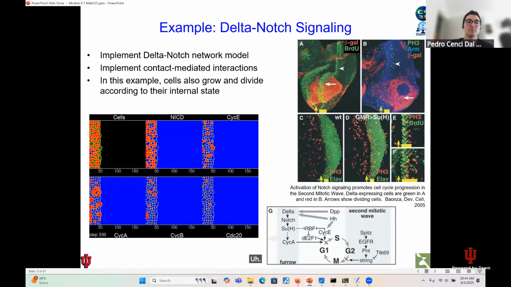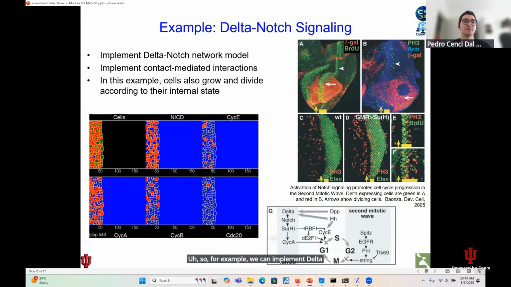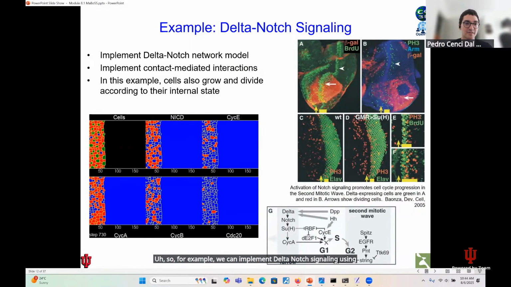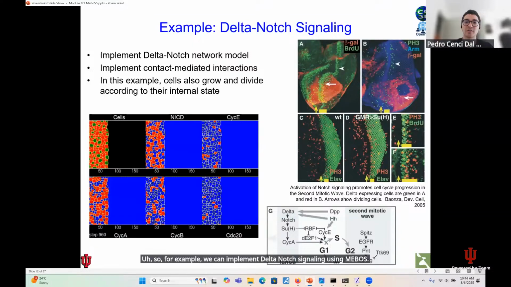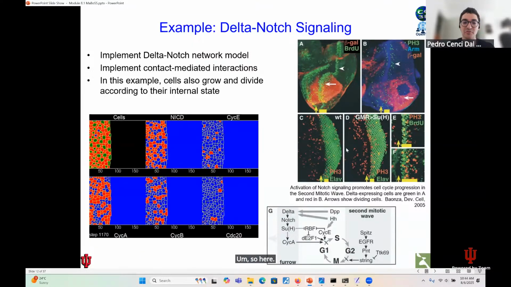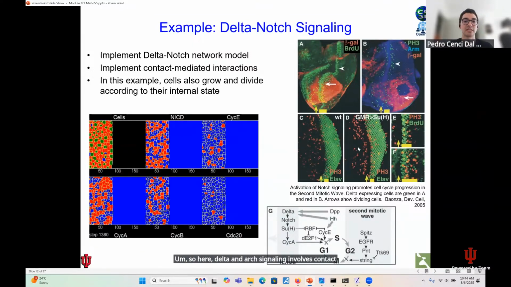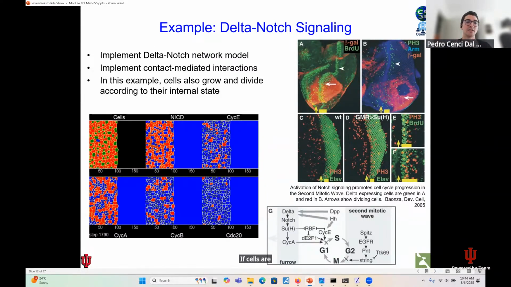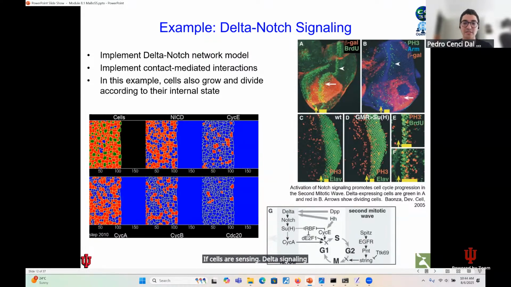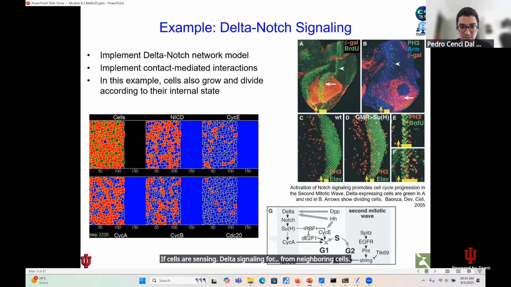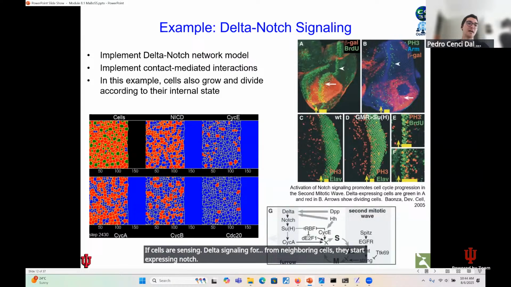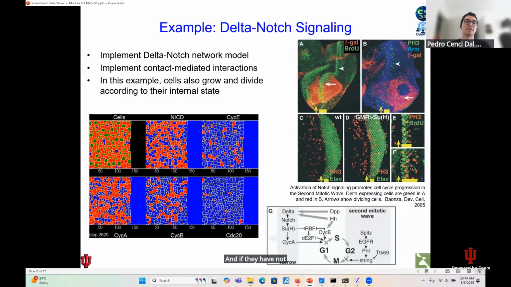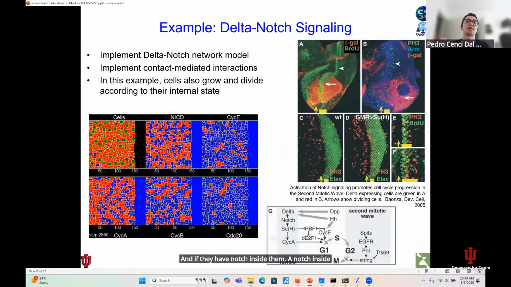So for example, we can implement delta notch signaling using MaBoSS. Delta notch signaling involves contact between neighboring cells. If cells are sensing delta signaling from neighboring cells, they start expressing notch. And if they have notch inside them, notch inside the cells suppresses expression of delta.